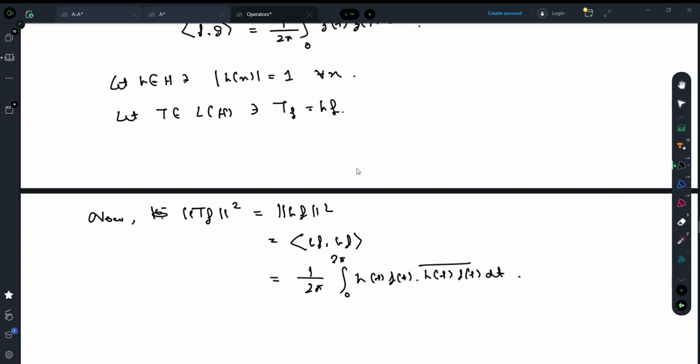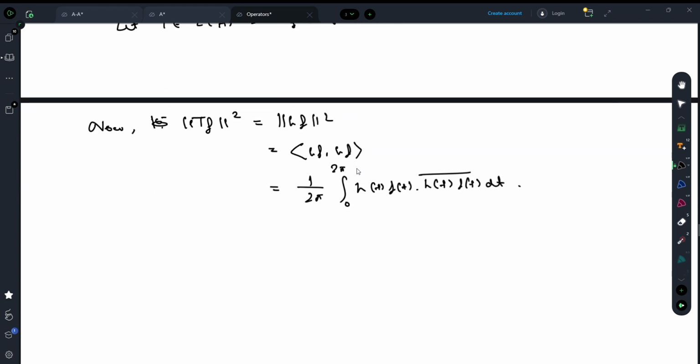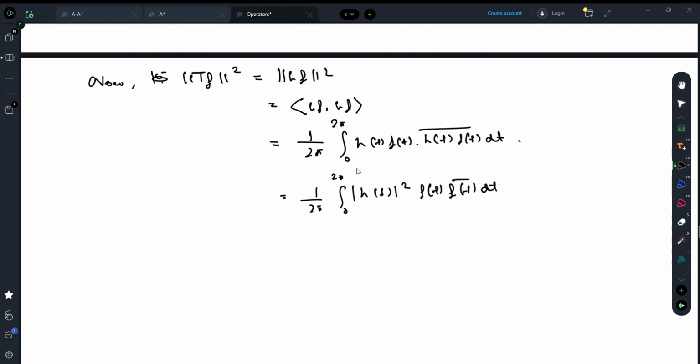We are talking about multiplication of continuous complex valued functions, so I can surely consider them being commutative. So what we get is the modulus of h(t) squared times f(t) f(t) bar dt, but the modulus part is 1.